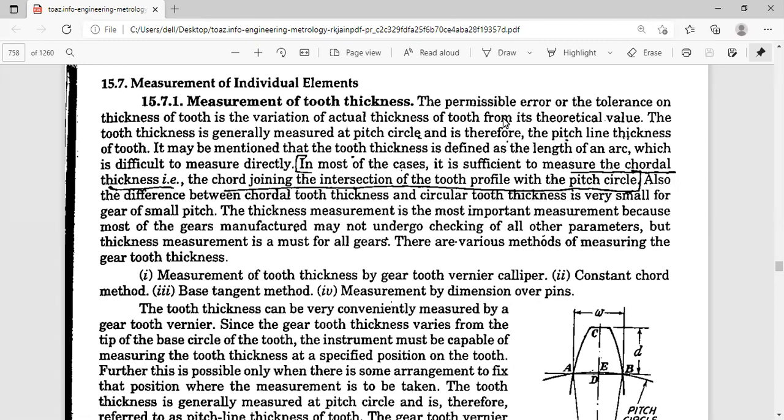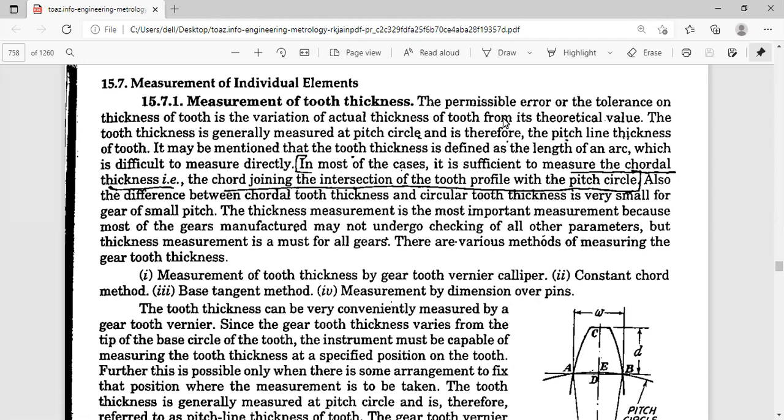So here, the permissible error or the tolerance on the thickness of the tooth. What is the error or the tolerance? For every parameter, as I'll discuss later, take the profile into consideration. The profile tolerance error is given by K, where K is equal to M plus 0.1 root over dP.